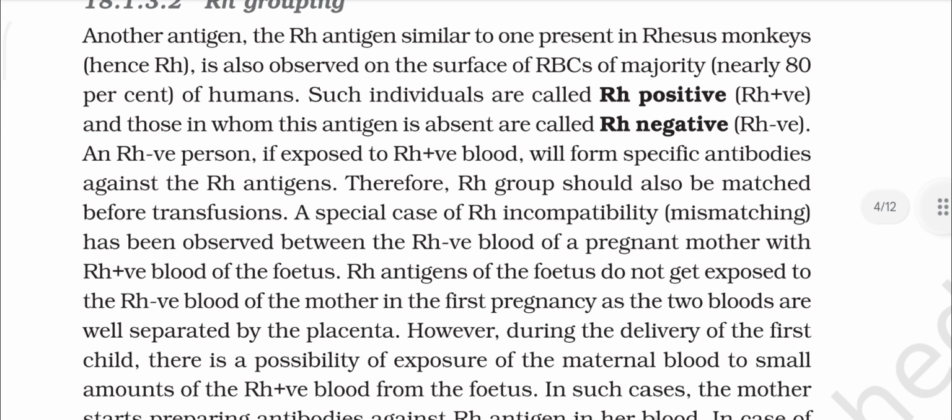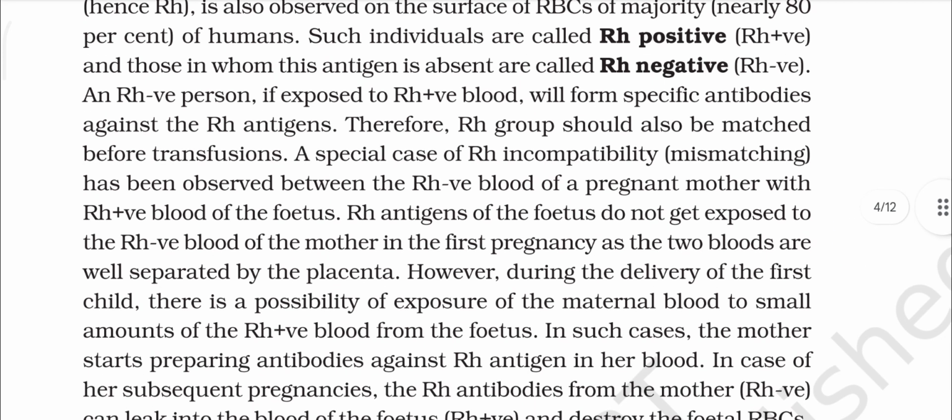Such individuals are called RH positive, and those in whom this antigen is absent are called RH negative. So the one who has the rhesus monkey RH antigen is called RH positive, and the one who does not is called RH negative.